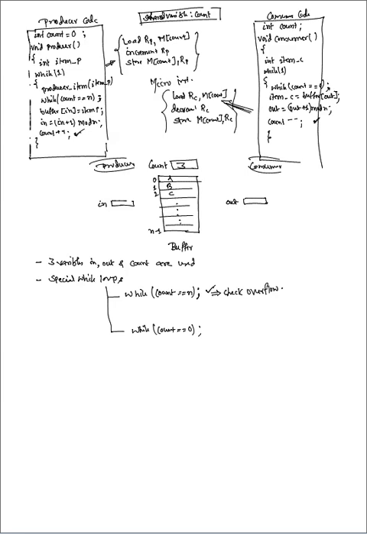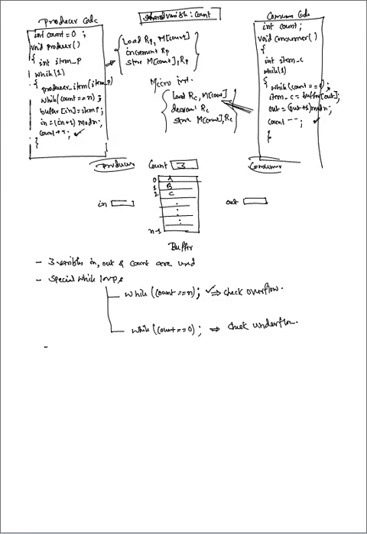Similarly here we check underflow. If there is no item in the buffer, that means the count value is 0. If it is true, then we are not going to consume any item from the shared buffer. So basically we block the process until this condition is false.